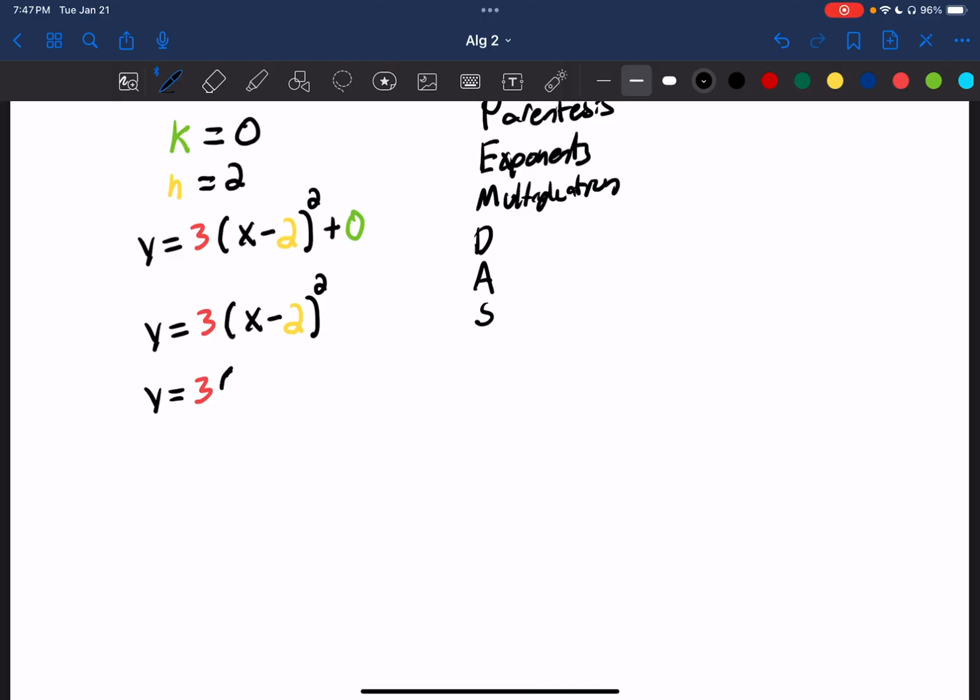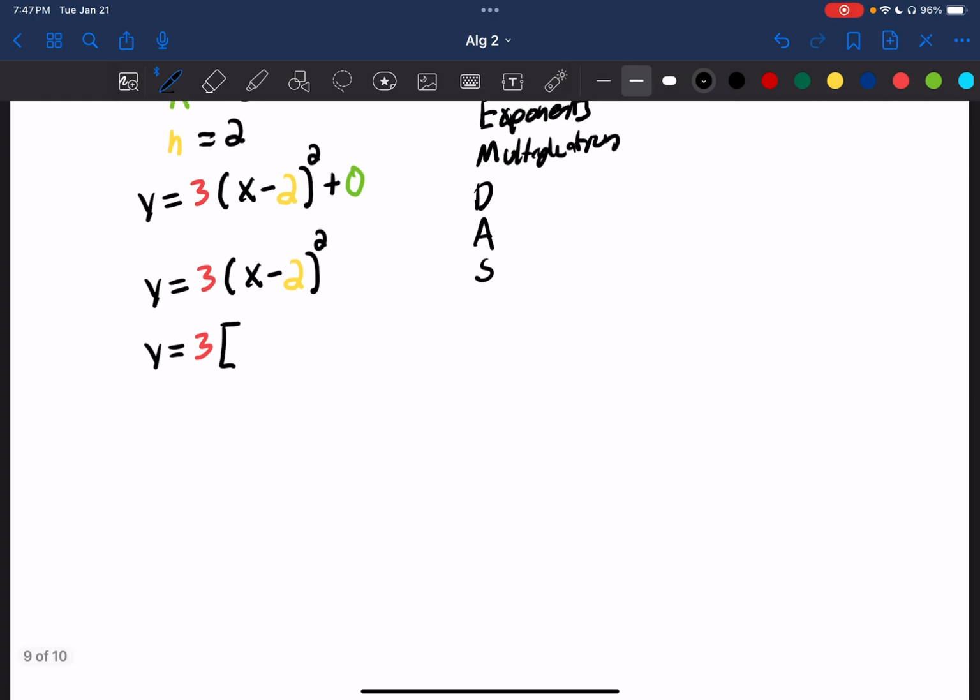But I'm going to put a bracket there, and think of a bracket as just like a bigger parenthesis. So we're just grouping everything inside of this bracket together so we know that it all stays together. I'm only doing that because we're going to need the parentheses for our double distributing.